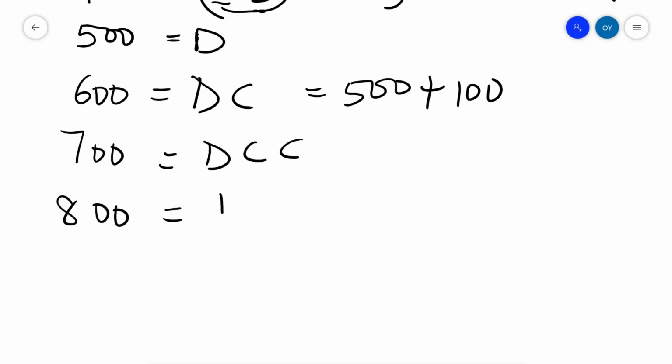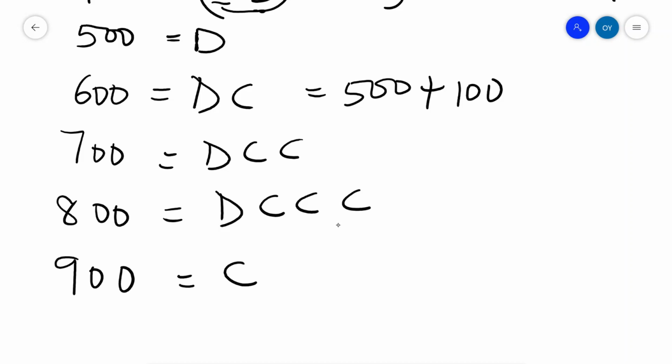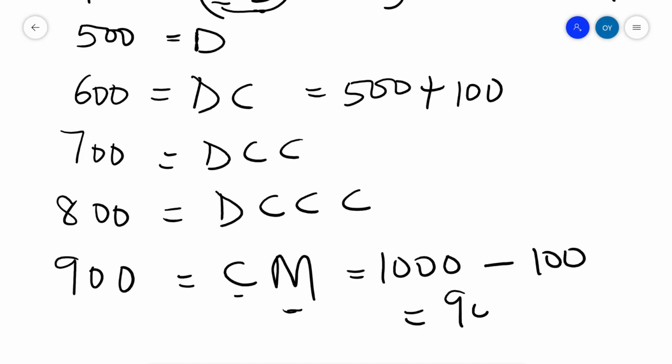800 is DCCC, then 900 would be CM, meaning M is 1000 minus C is 100, and that is 900. So 900 is CM.